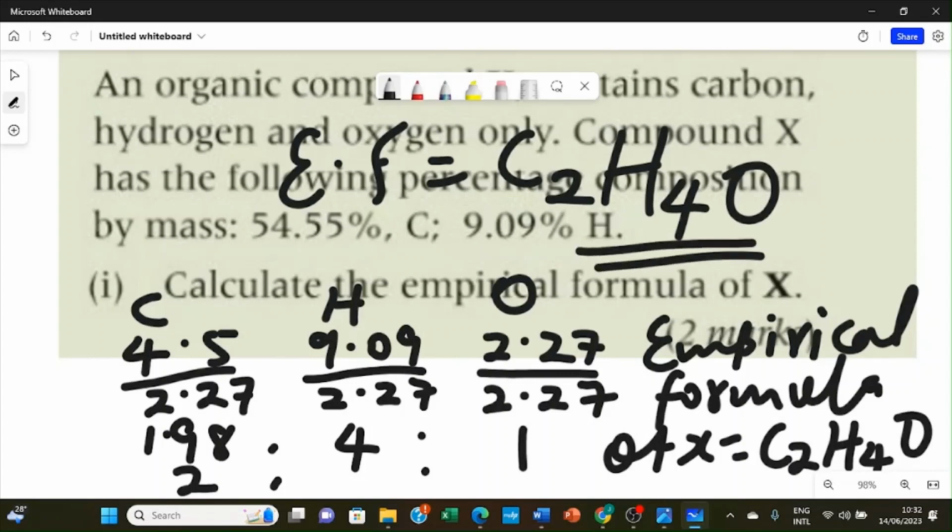You just need the percentage composition by mass of each of the elements, or the masses of each of the elements, and the relative atomic mass. You can calculate the empirical formula of any given compound. It can be an organic compound, it might be an inorganic compound. You can solve as many questions as possible.